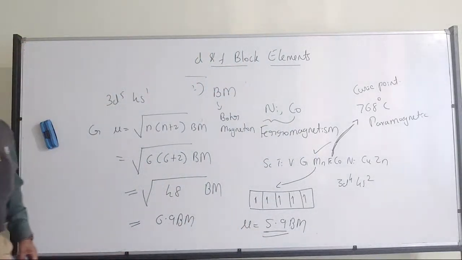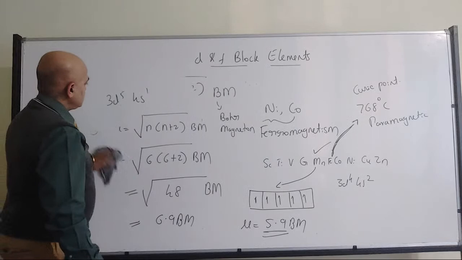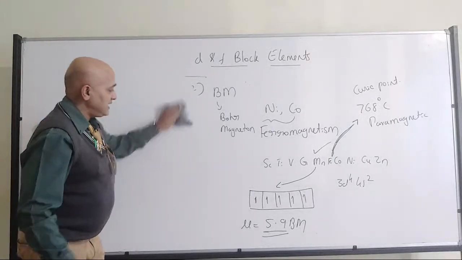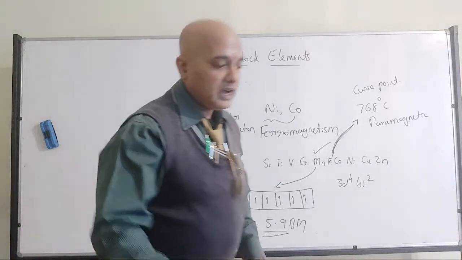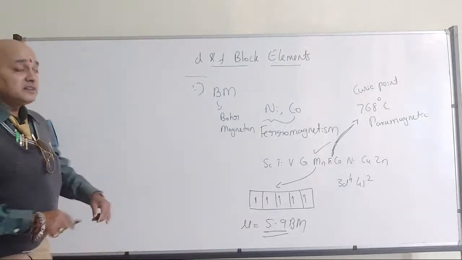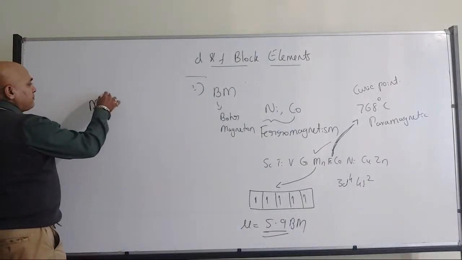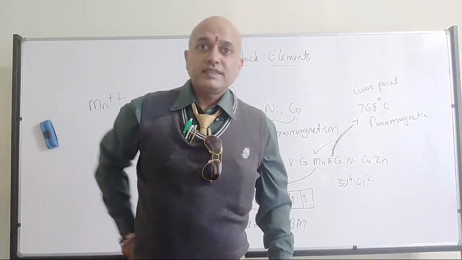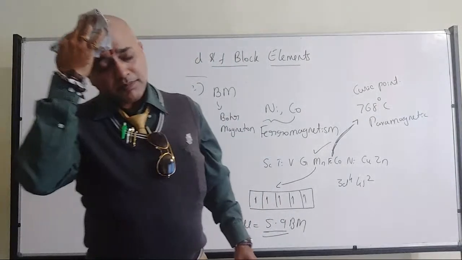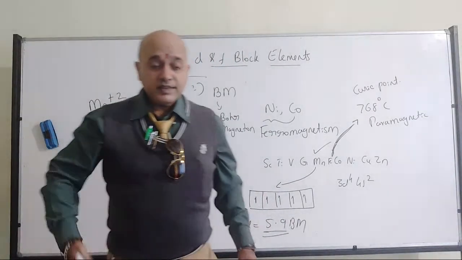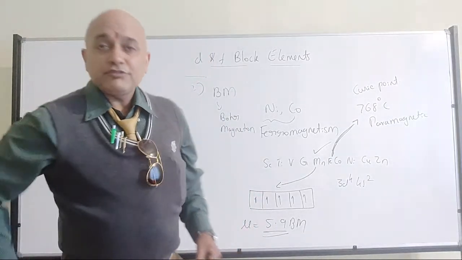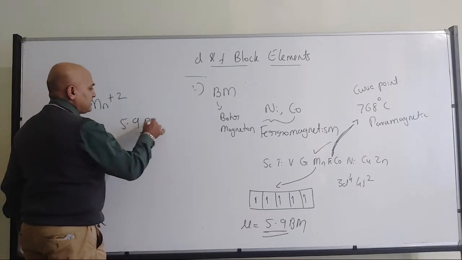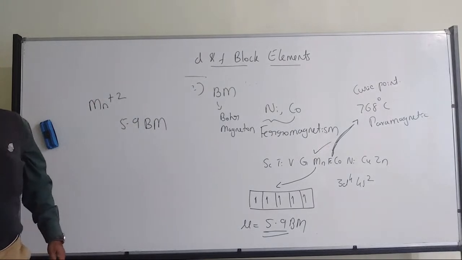Now if I go with the common ionic forms of these elements, can we calculate it for manganese plus 2? Apply the same equation. It will be the same as manganese, so 5.9 Bohr magneton only.